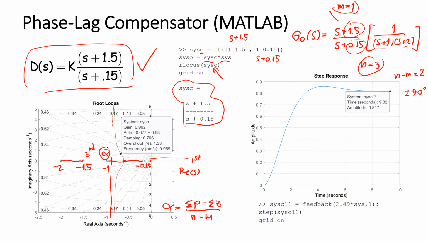And in order to secure the damping ratio 0.707, the possible gain K is 0.9.